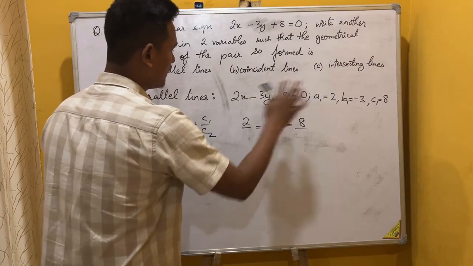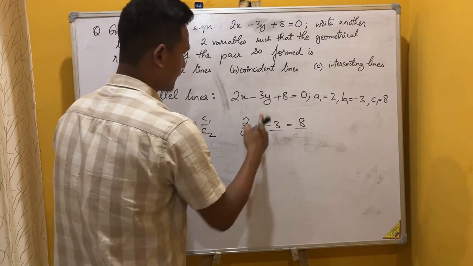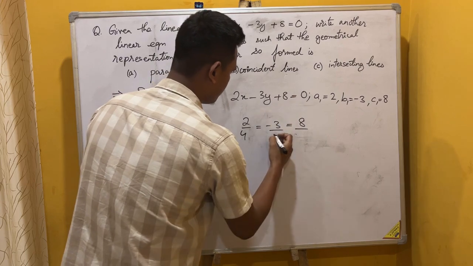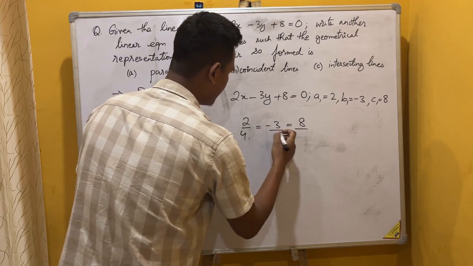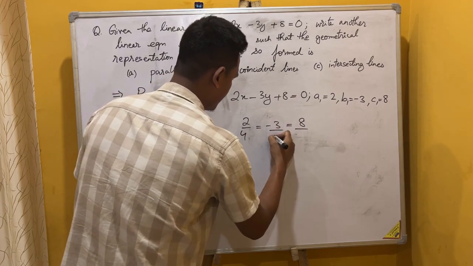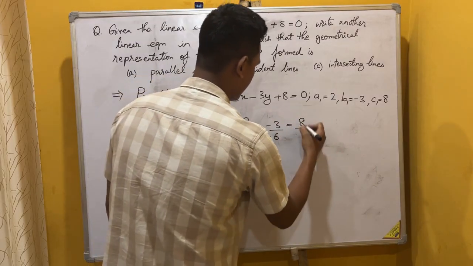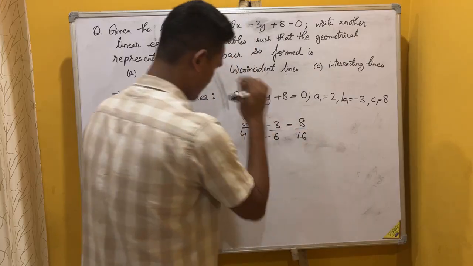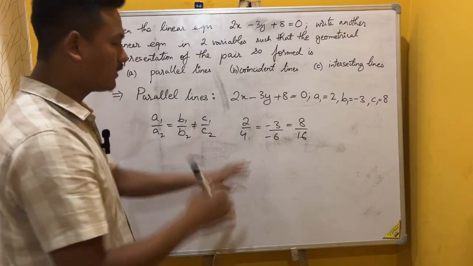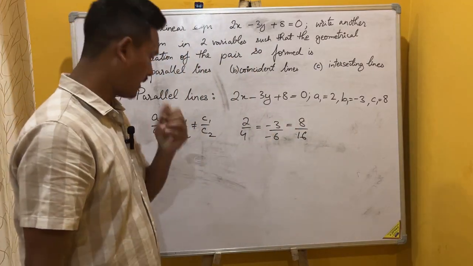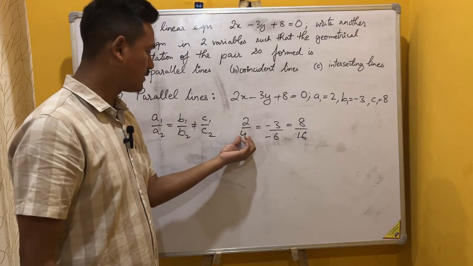So multiple of 2: this becomes 4, this becomes 6, sorry, 6, and this is your 16. So this is not the final answer, by the way, this is just checking. So what happens if we do this?